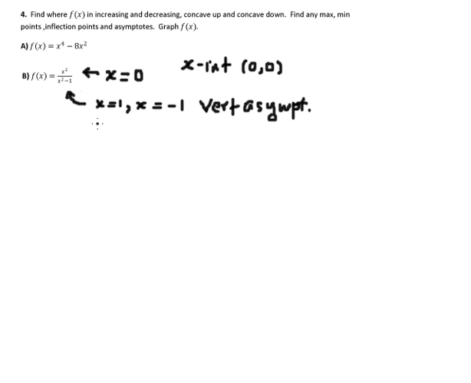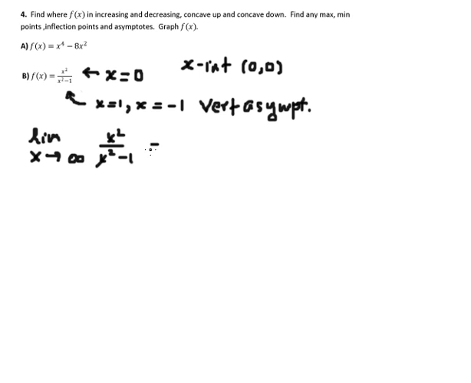Okay. Now let's look at the end behavior. So we have the limit as x goes to infinity of x squared over x squared minus 1.